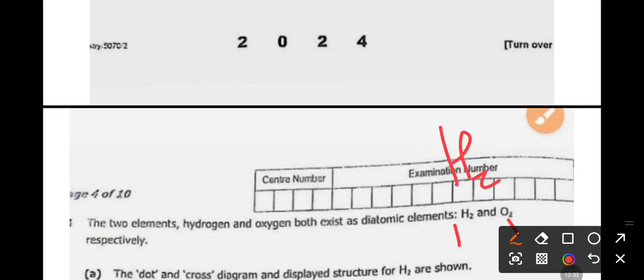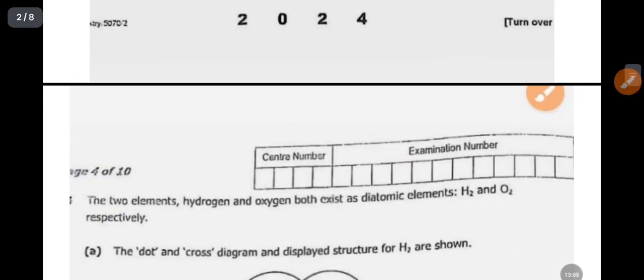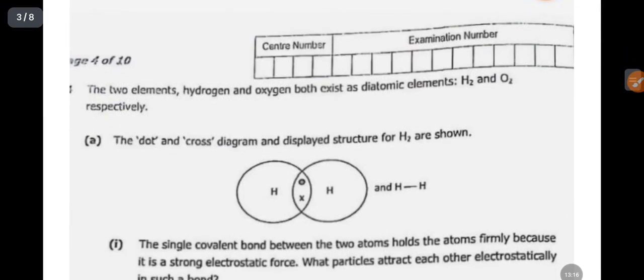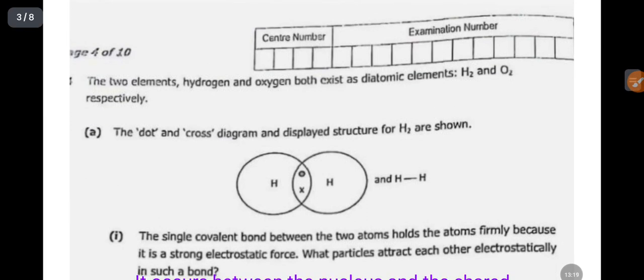Okay. Right. Question A. The dot and cross diagram and displayed structure for hydrogen are shown. Alright. Okay. Alright. Question A1.